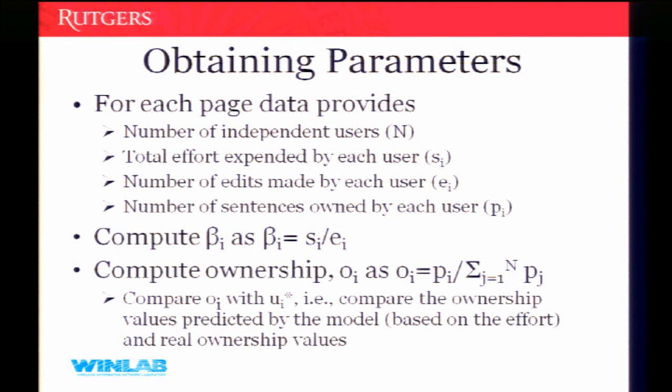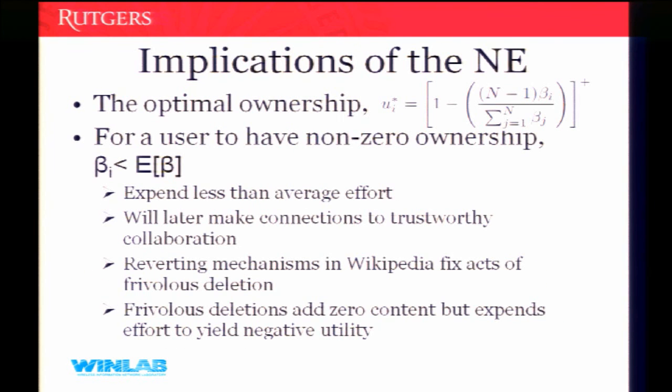Oi is the fractional ownership obtained from the data, because the data directly tells us the number of sentences owned by each user. Right. So I calculated pi over summation pj from the data. Then what I also do is I go back here and plug in the beta i's, which I calculated from the data, into this expression. And then I compare this with what I have from the data, the oi's.